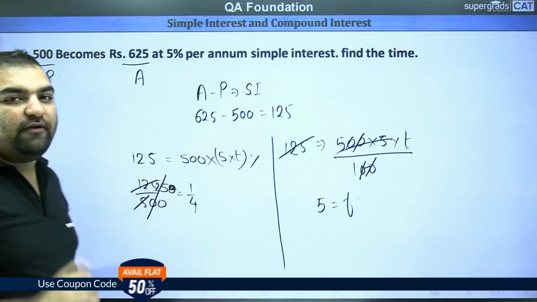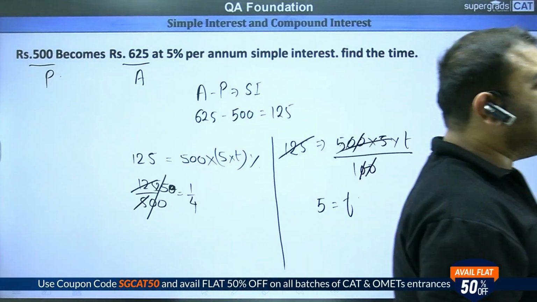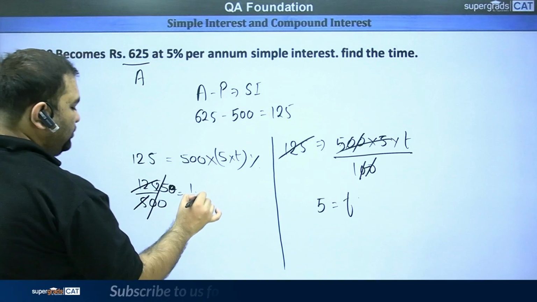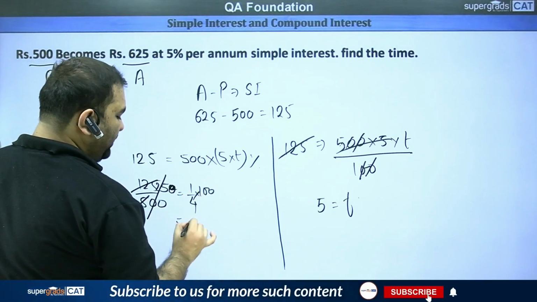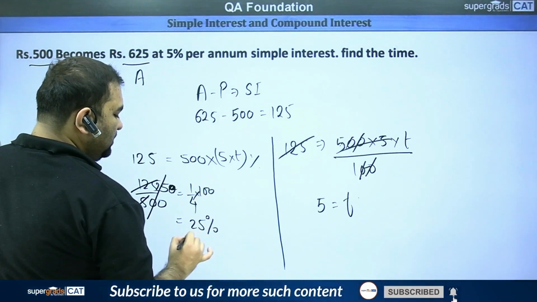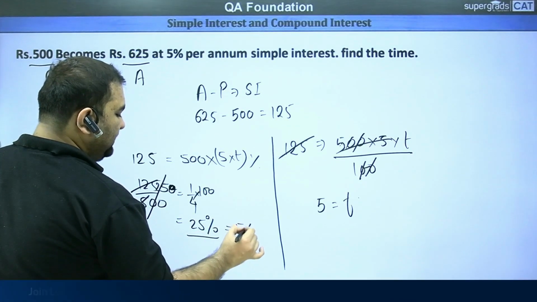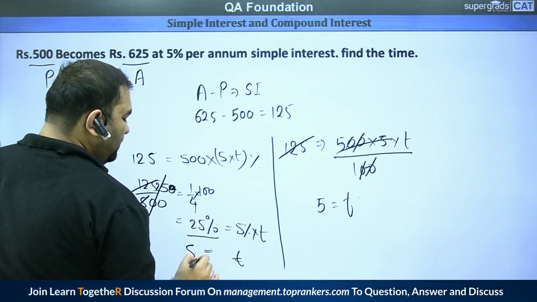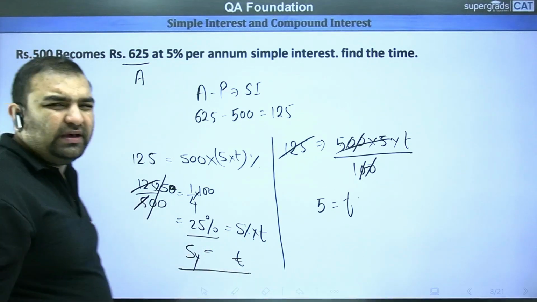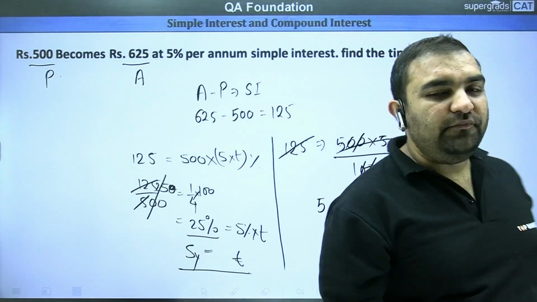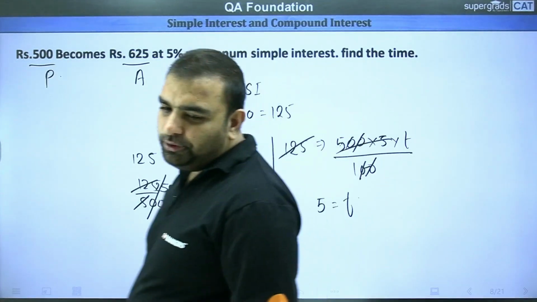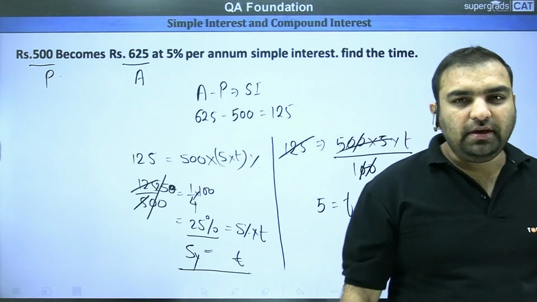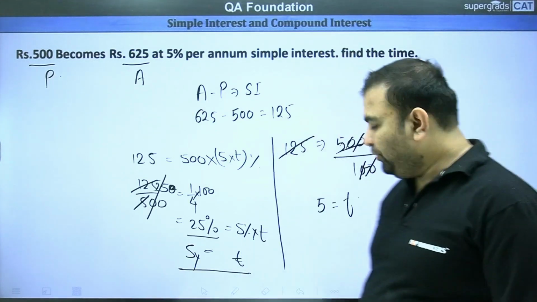So 1 by 4 into 100 is 25%. तो 25% 5% की रेट से कितने साल में मिल जाएगा? 5 years में। For a simple question, both are the same only, but somewhere, sometime down the line, this can literally help you a lot.